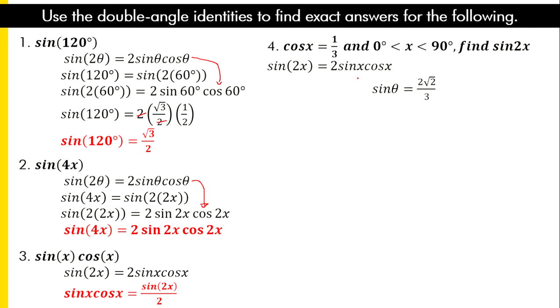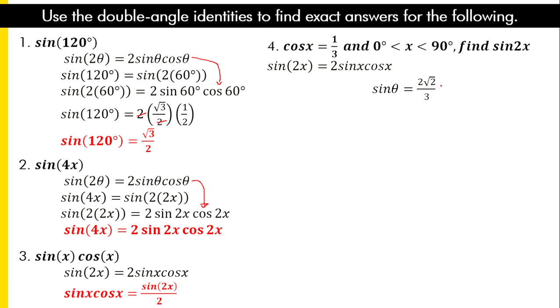In this case, sine x, or sine theta, is equal to 2 square root of 2 over 3. Again, you can use the Pythagorean theorem to solve for this. You can construct a right triangle to visualize this, or you can just use the formula that we have earlier.